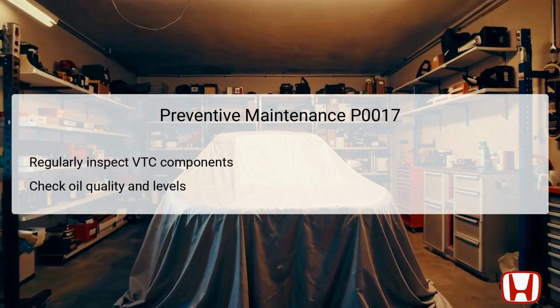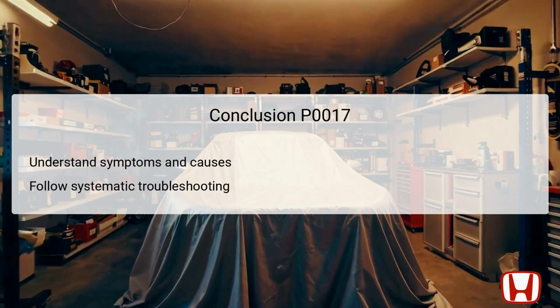In conclusion, understanding Diagnostic Trouble Code P0017 and its implications is vital for maintaining your Honda Civic 2022 Plus. By recognizing the symptoms, such as rough idle and poor acceleration, and knowing the possible causes, like solenoid issues or cam chain problems, vehicle owners can act more swiftly in addressing these concerns.